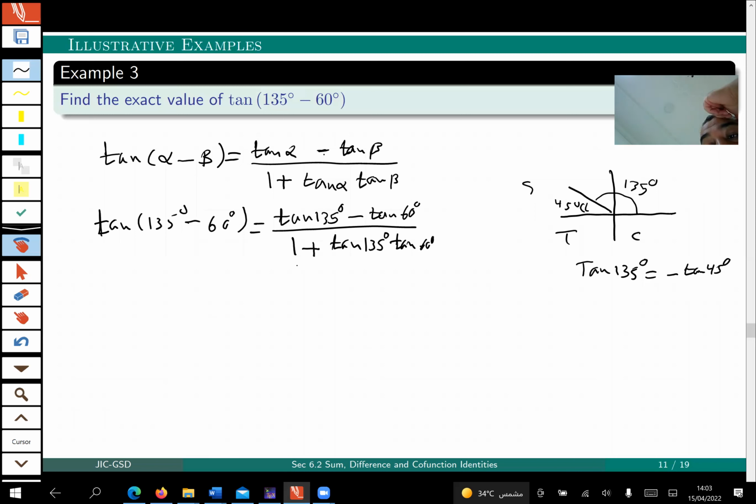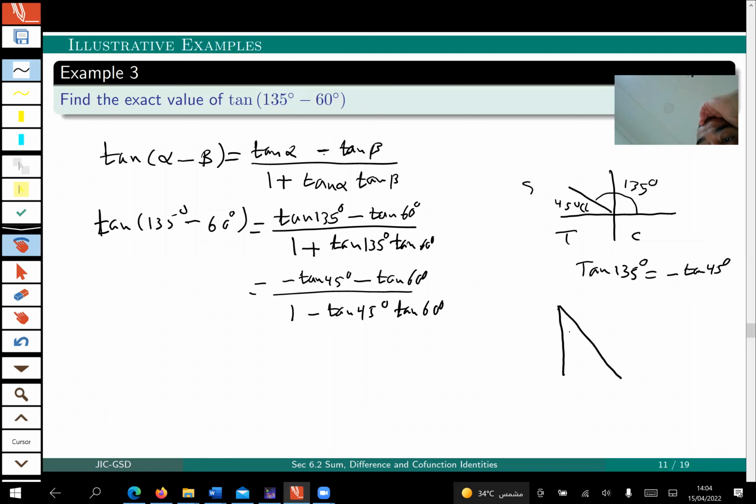So using this idea, we have minus tan 45 minus tan 60 over 1 minus tan 45 times tan 60. Again from the table, tan 45 is 1, because opposite is 1 and adjacent is 1, and the hypotenuse is root 2.